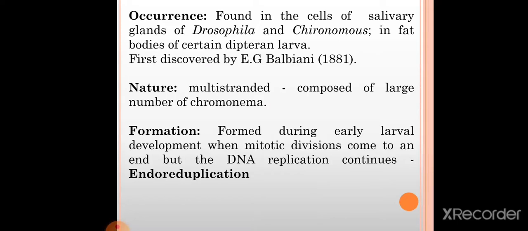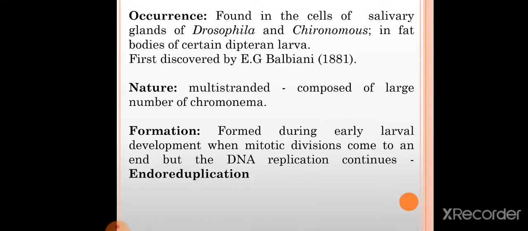Now these Giant chromosomes present a bundle of fibrils which arise by repeated cycles of endoreduplication of single chromatids. Here endoreduplication means that the chromatin replicates without cell division, as a result of which the number of chromonemata keeps on increasing.